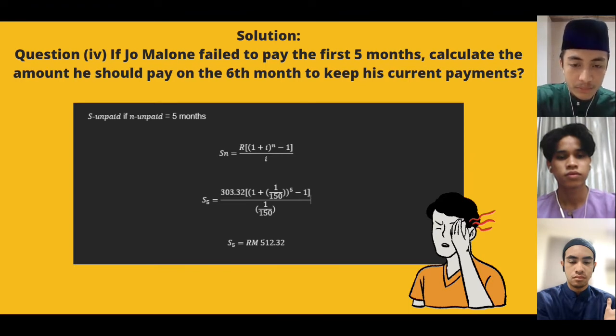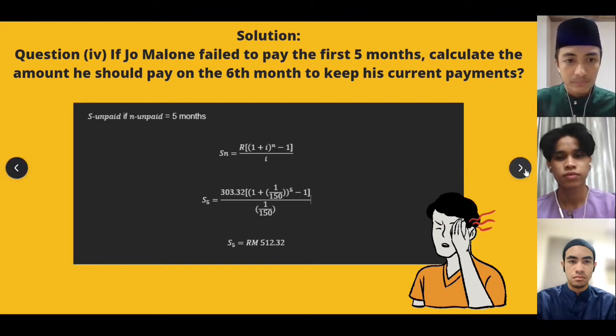We put all the numbers that we calculated earlier through the formula: S5, which is 5 months, 303.32, bracket 1 plus 1 per 150, plus bracket 5 minus 1 divided by 1 per 150. Pressing the calculator, we have the answer, which is S5 equals 512 ringgit and 32 cents.